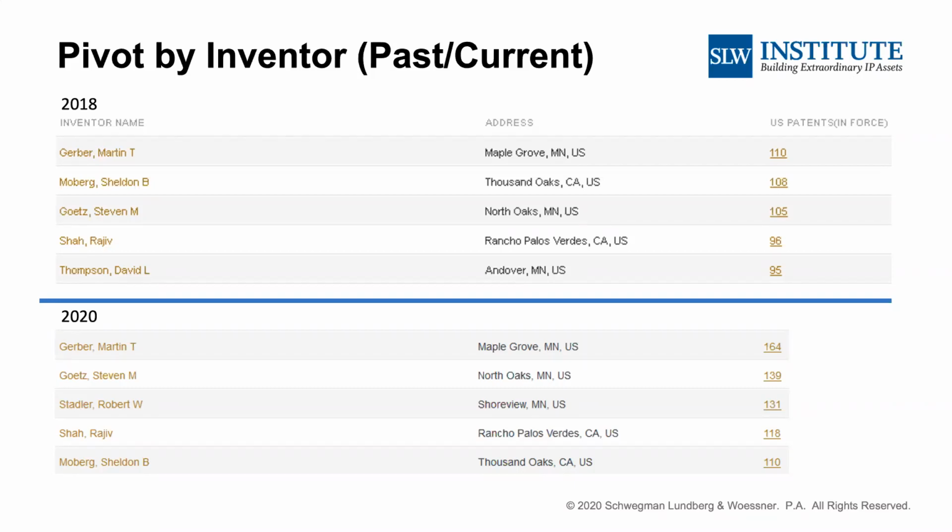Maybe those are folks that are targets for cherry picking, or if you see more coming out of particular areas, you might try to recruit them, or see that these two are related to this startup company. They're creating a bunch of IP. Maybe we want to talk to them.